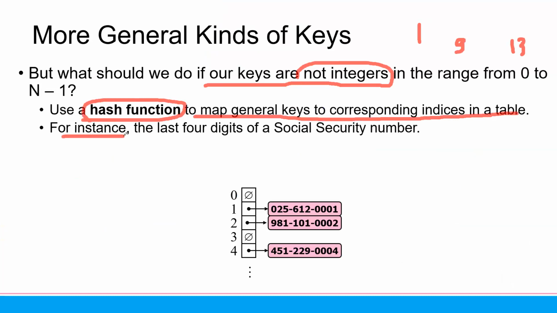A hash function is a function to map the general keys to the corresponding index in the table. For instance, the last 4 digits of the social security number. Maybe in some countries they will use the last 4 digits of the social security number to indicate the integer location, or the key for the prisoner. So we will use a function to handle the general key.